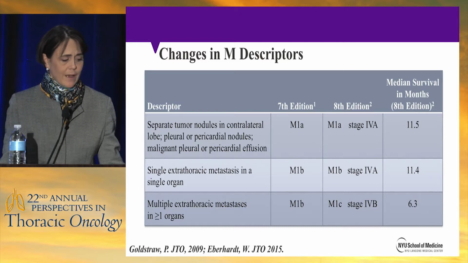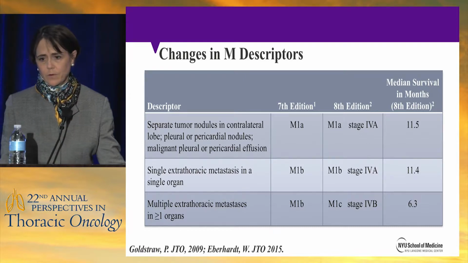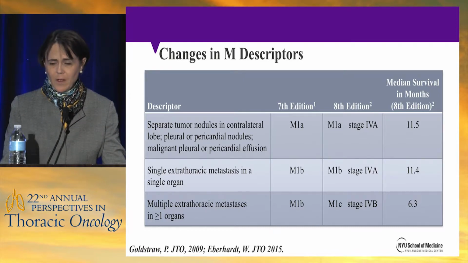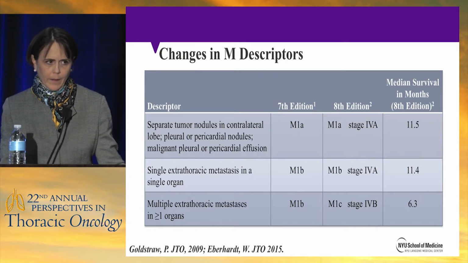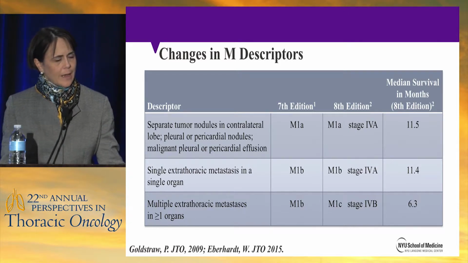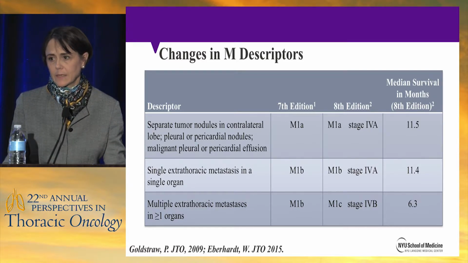But interesting, they have added a new M1b, which is single organ extrathoracic metastatic spread. So oligometastatic disease, a concept which was introduced 3 or 4 decades ago and then had kind of fallen away, is really kind of back in vogue right now. This recognition that maybe that person with a single or 2 sites of disease doesn't have the same biology as a patient with widely metastatic disease.